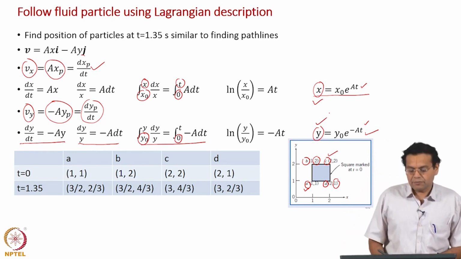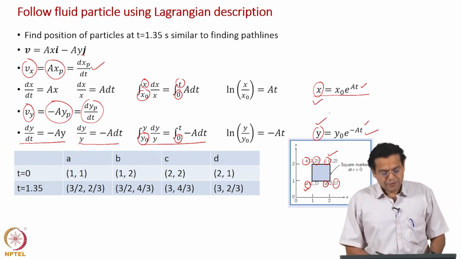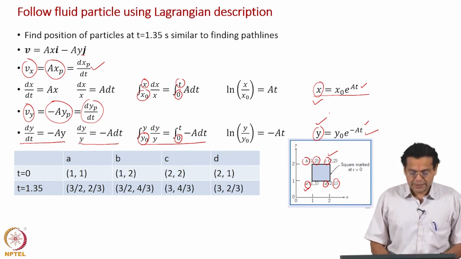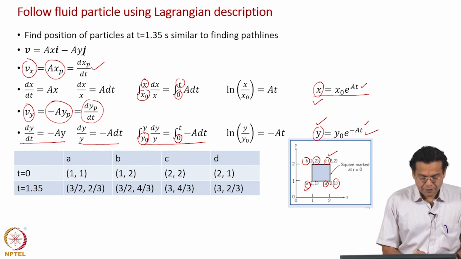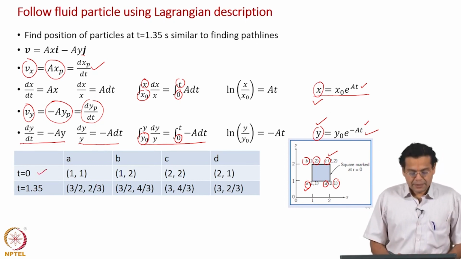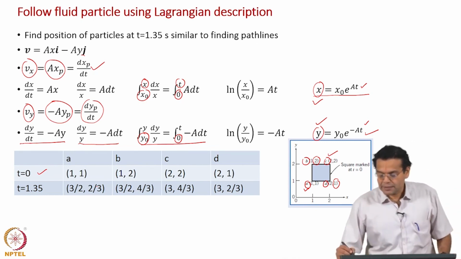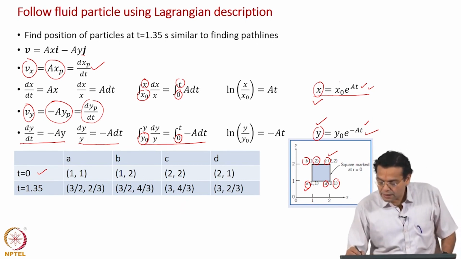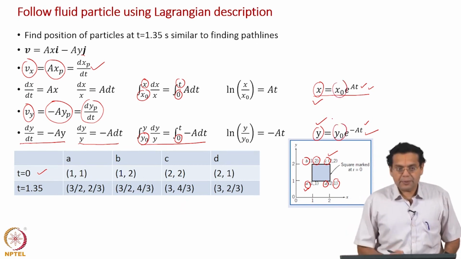In this example, what we are asked to do is to find the coordinates at t equal to 1.35 seconds. So, in this table the first row shows the coordinates at time t equal to 0, the second row shows the coordinates. How did I obtain them? I just substituted t equal to 1.35, and x naught, y naught depend on the particle.